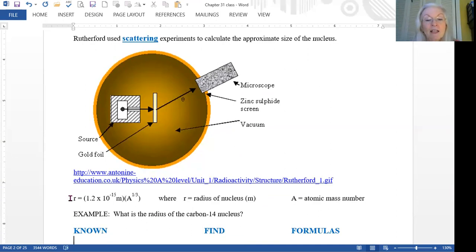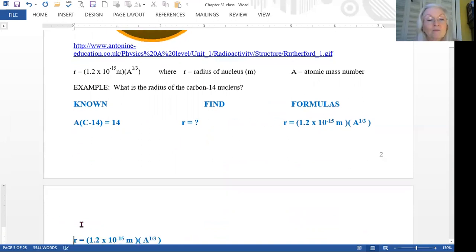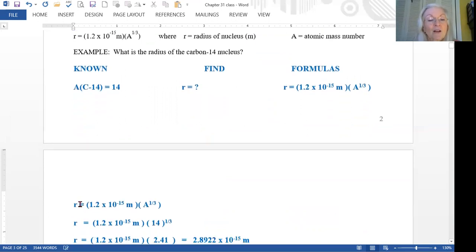So let's look at an example and calculate the radius of the carbon-14 nucleus. So we know that the atomic mass number for carbon-14 is 14. We're trying to solve for R, and we have our equation. So we write our equation down, and we plug in.